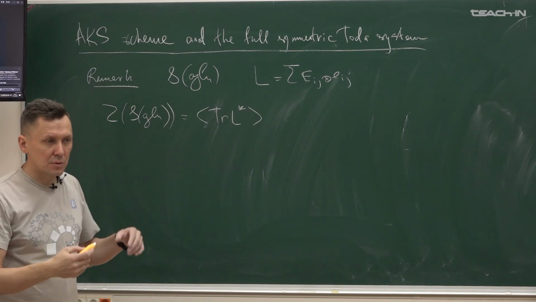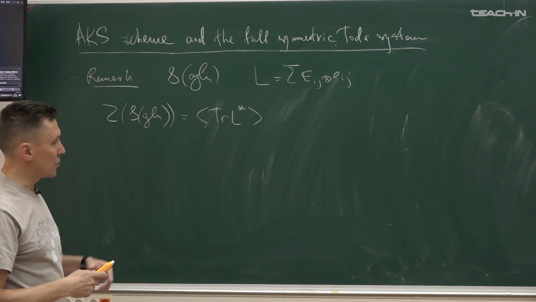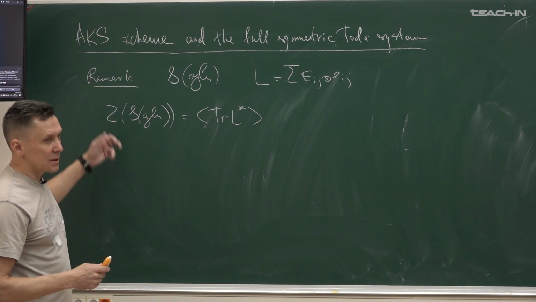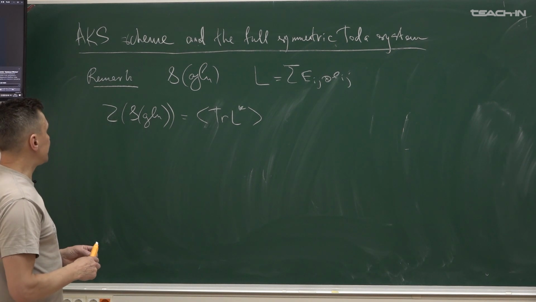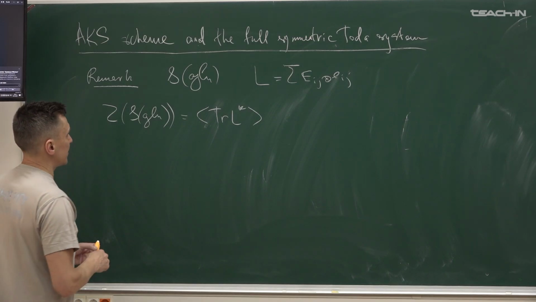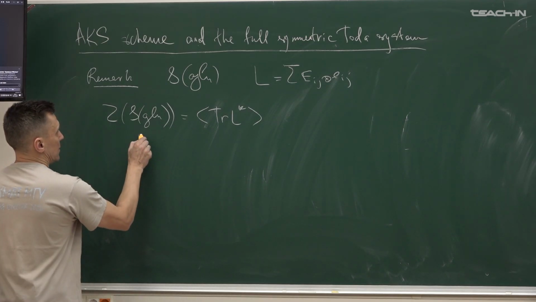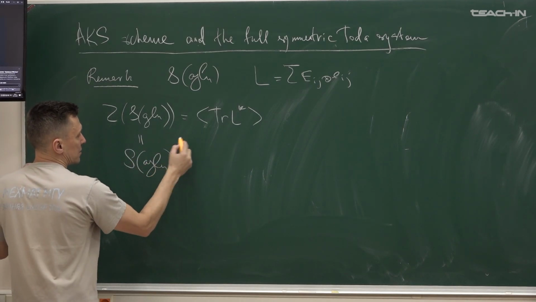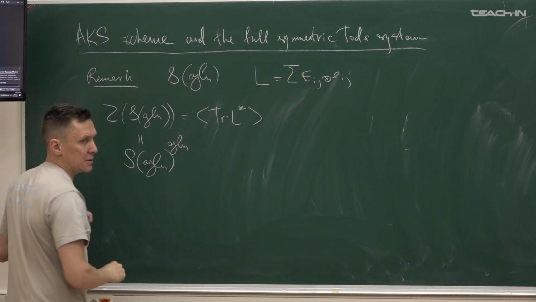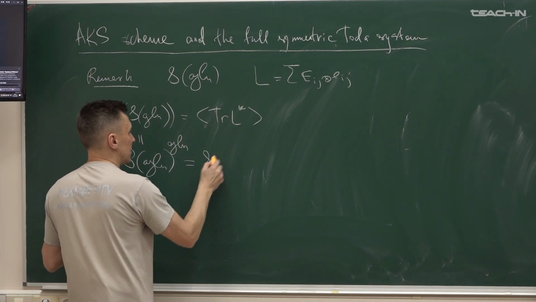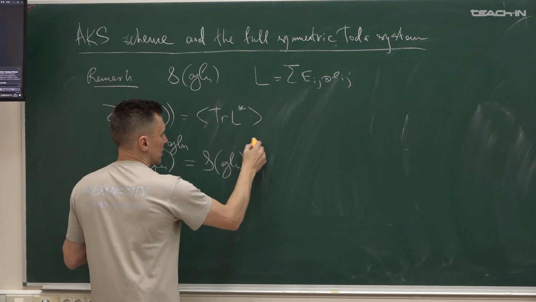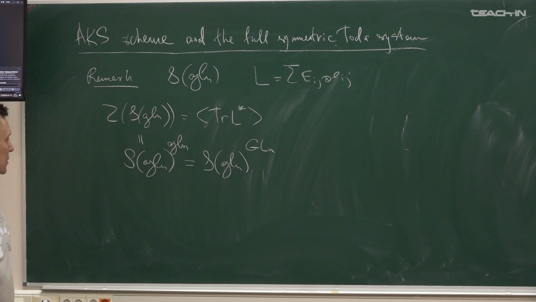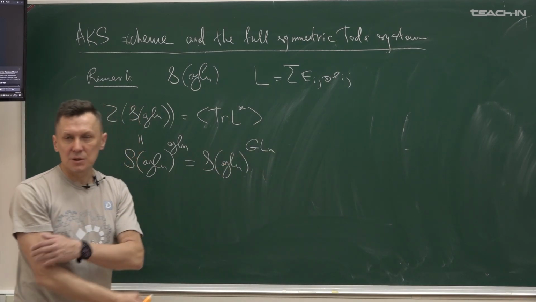There is a Poisson structure on this commutative algebra, and we are interested in the center of this Poisson algebra. First of all, it's the same as the space of invariant functions on gl_N with the action of the Lie group GL_N, with all the details we discussed at the beginning.